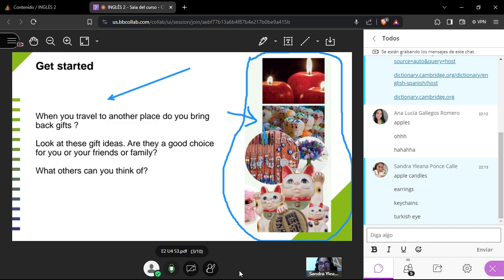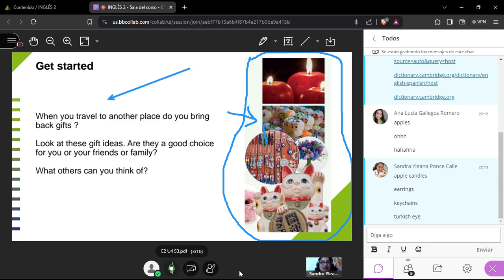Exactly. So how do you say calaveras in English? Yeah. Well, the skeleton is the complete body.